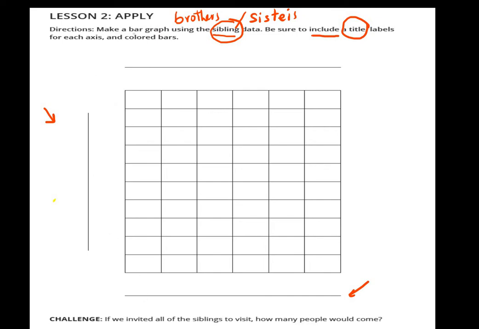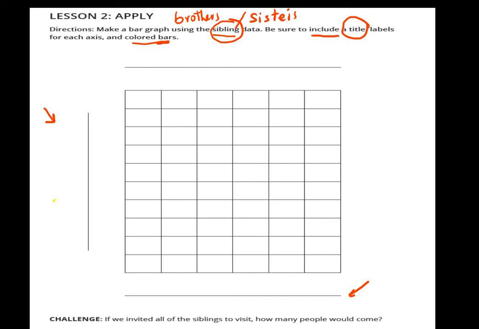And the final requirement is colored bars. Okay, we have to make a sibling data graph. We write a title, we write a label on these two axes, and finally we color.